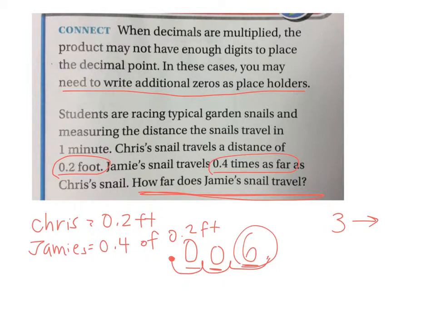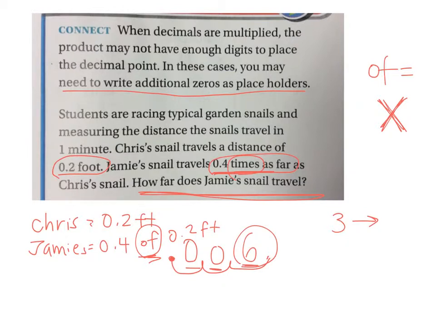How did you know that was going to be multiplication? Well, I know because it said Chris's snail travels a distance of 0.2 feet. In the problem it says 4/10 times as far, but I rewrote it in a different way. It says times here, and also, what does the word of mean? Multiplication. Yeah, of always equals multiplication. So what equation would I write to answer the question, how far does Jamie's snail travel?